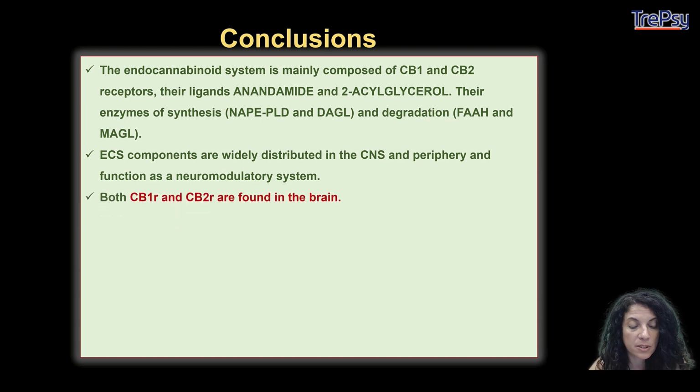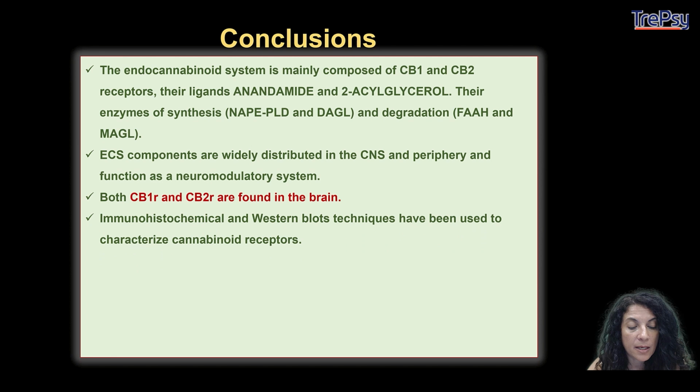Both CB1 receptor and CB2 receptor are found in the brain. Immunohistochemical and Western blot techniques have been used to characterize cannabinoid receptors.